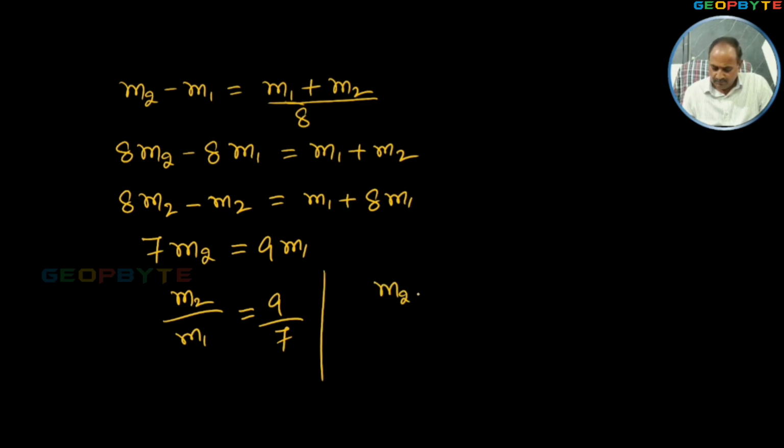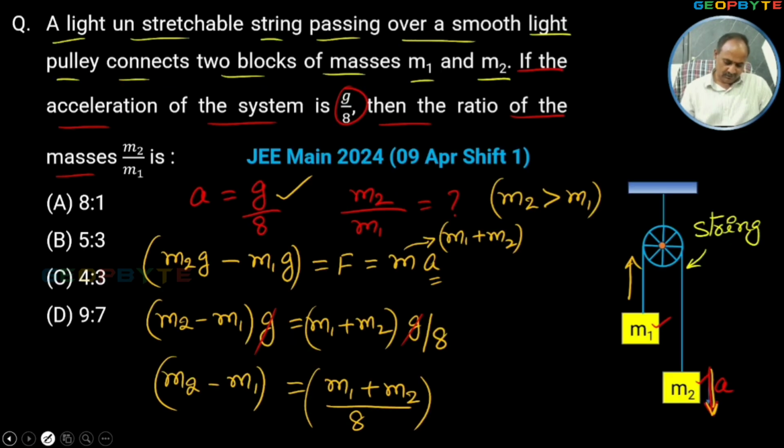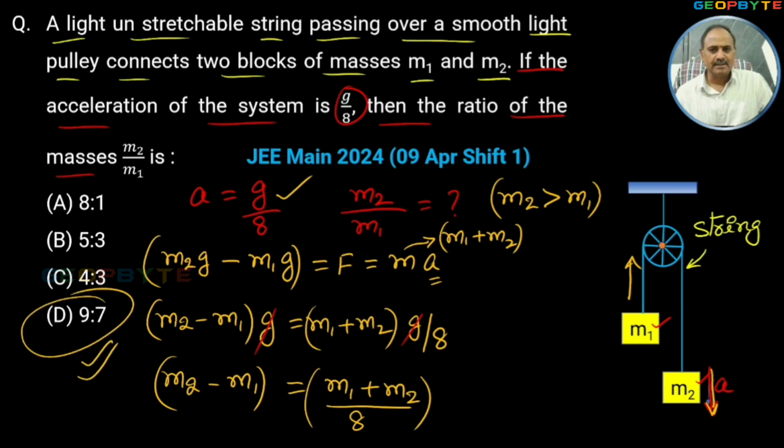Therefore, m2 is to m1 equals 9 is to 7. That is the answer. Understood clearly? Yes. Look at the options. 9 is to 7, option D is absolutely correct.